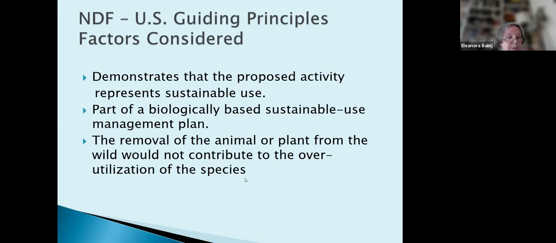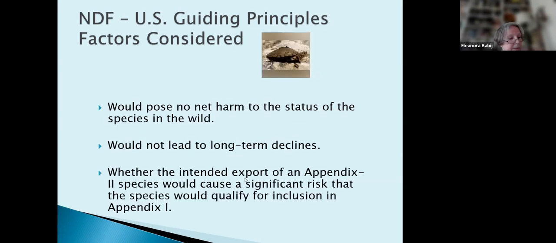If no sustainable use management plan exists or has been established, we look at whether the removal of the animal or the plant from the wild would not contribute to the overutilization of the species. We will consider both domestic and international uses. So what's really important is that we know what management plans are in existence, how these species are being managed, and just get a general sense of that. Those are really important for us in terms of doing these non-detriment findings. It's an important part. Next slide, Thomas.